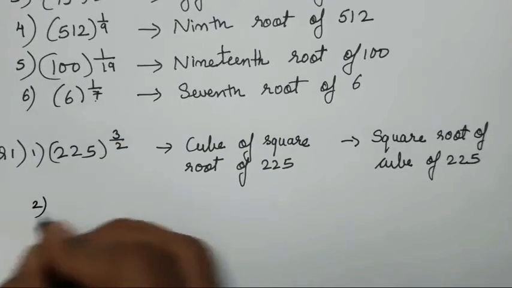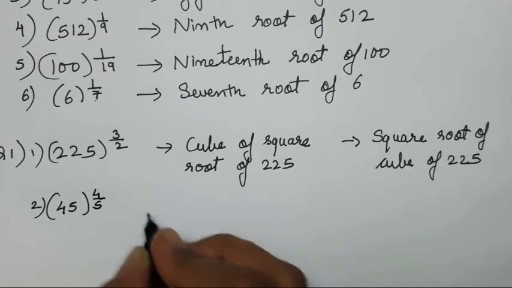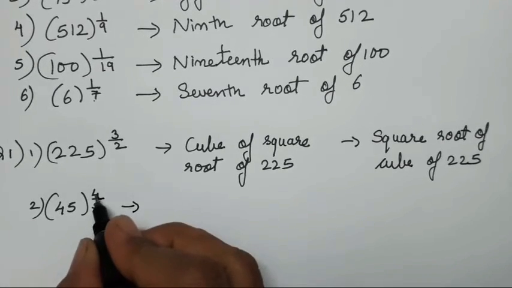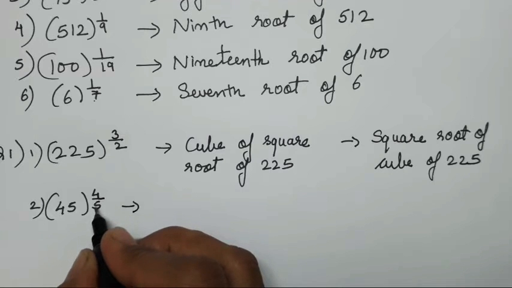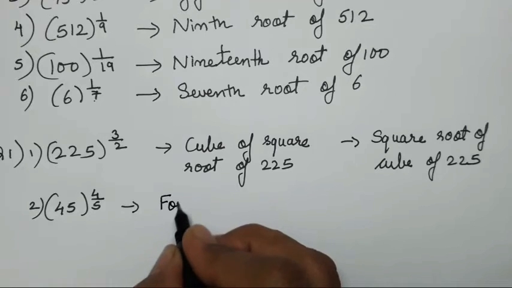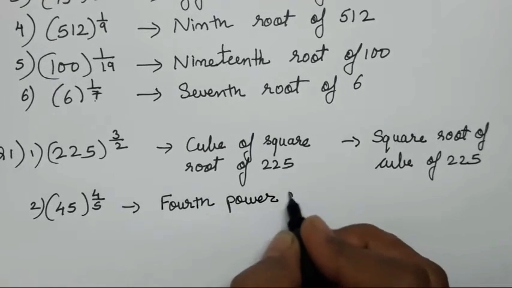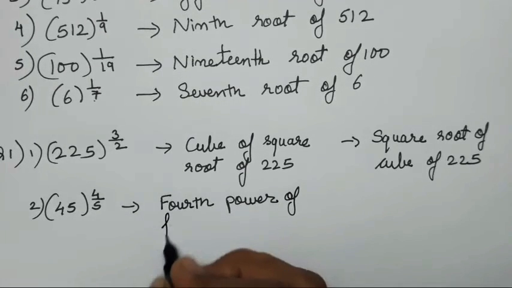The next one is 45. Now over here the numbers are changed, 4 upon 5. So how are you going to write? Fourth power of fifth root of 45.